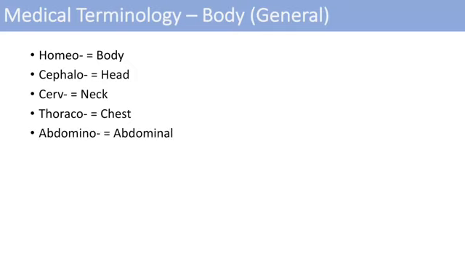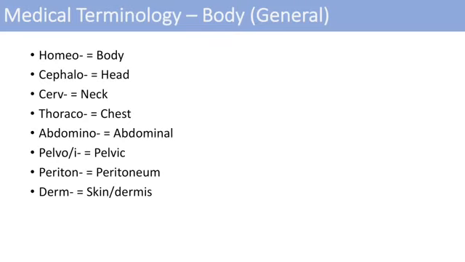Abdominal is the abdomen. Pelvo or pelva is just related to your pelvis. The periton is related to the peritoneum, so the lining within your abdomen.